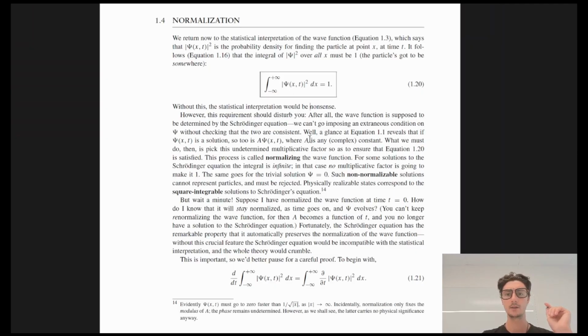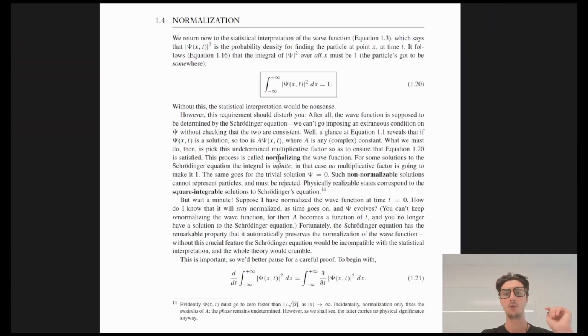Well, a glance at equation 1.1 reveals that if psi of x comma t is a solution, so too is A times psi of x comma t, where A is any complex constant. What we must do then is pick this undetermined multiplicative factor so as to ensure that equation 1.20 is satisfied.